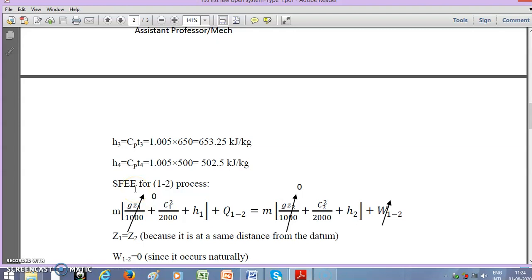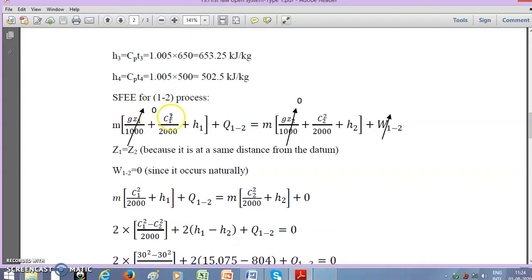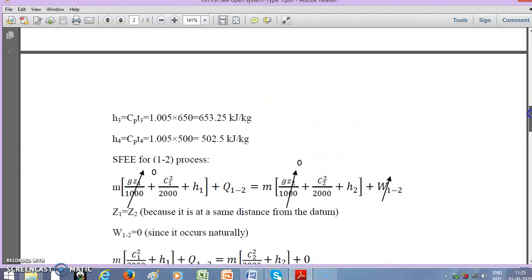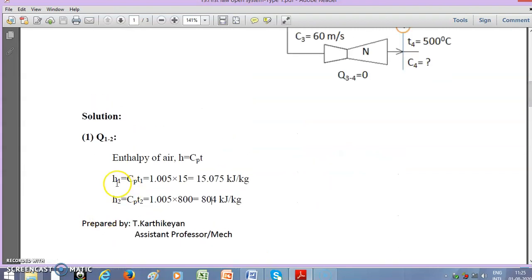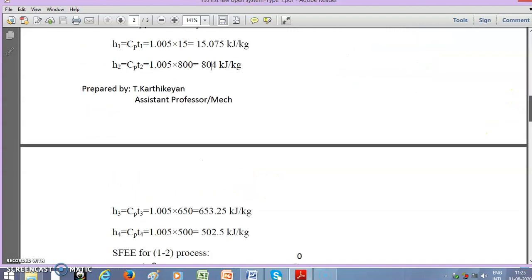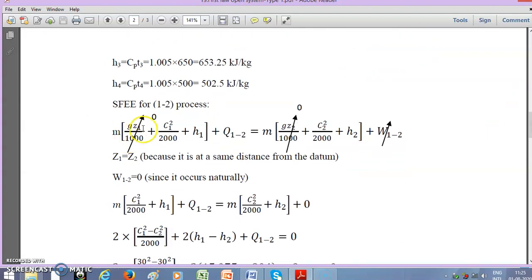Now we know the steady flow energy equation formula: m times gz1 by 1000 plus C1 square by 2000 plus h1. If you remember the last expression I wrote, the unit for enthalpy is kilojoule per kg, since your Cp value is kilojoule per kg Kelvin. But if we substitute only gz and C1 square by 2, then this equation will be in joule per kg.